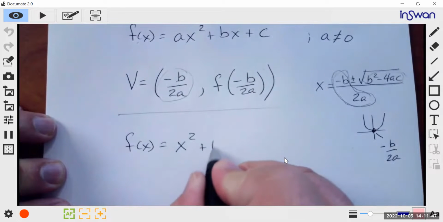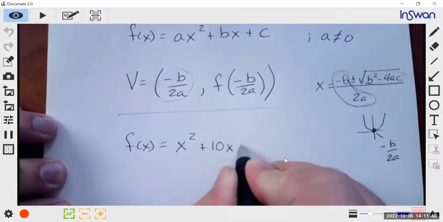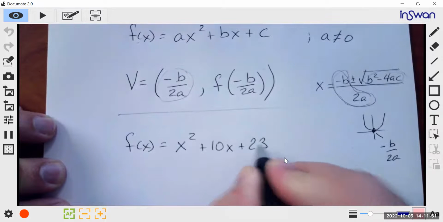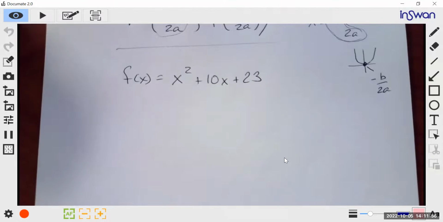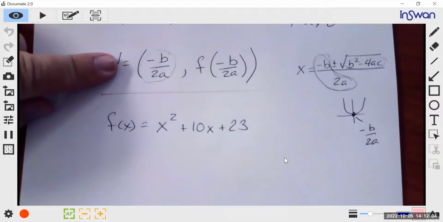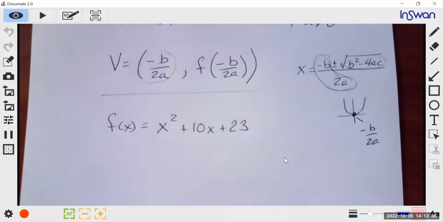x squared plus 10x plus 23. We're going to find the vertex two ways. We're going to find the vertex this way, and then we're going to convert this to the other method.